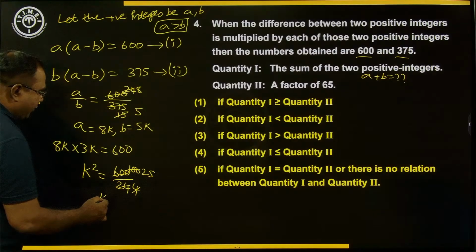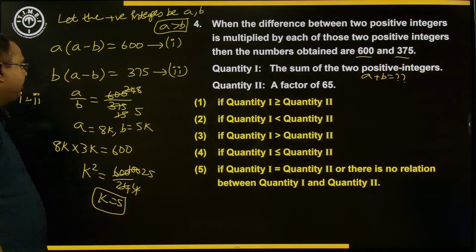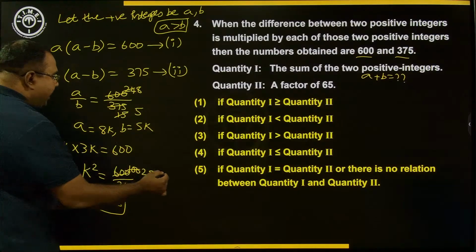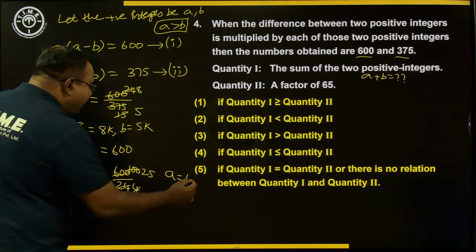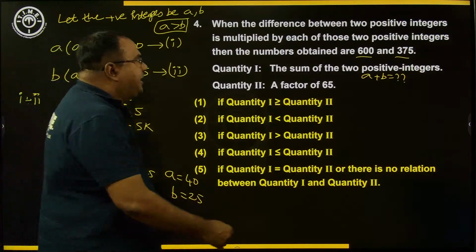So my k is equal to 5. My k is 5, which means a is 8 times 5, 40, and b is 5 times 5, 25.